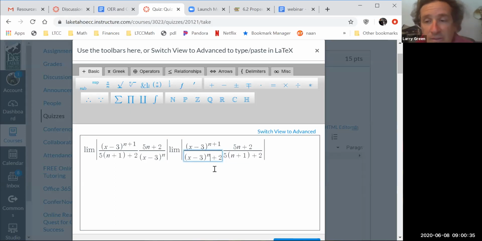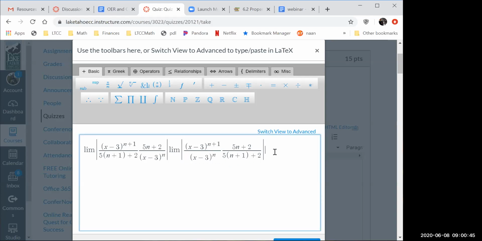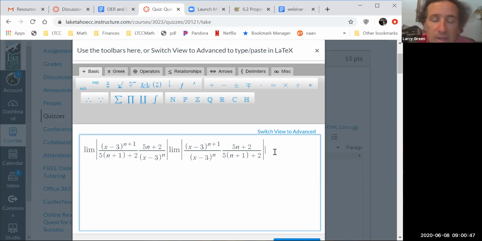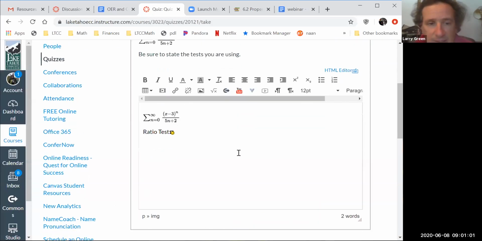Any questions so far? Okay, what's x minus 3 to the n plus 1 over x minus 3 to the n? Minus 3 to the power of 1, so just x minus 3. Note that the x minus 3 is in absolute values, so that stays in absolute value.